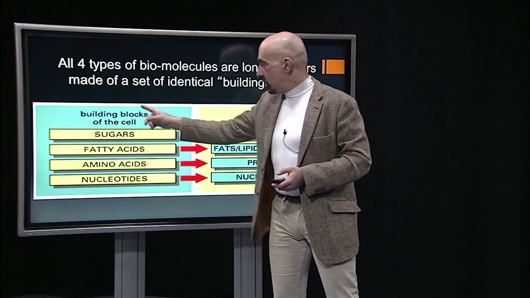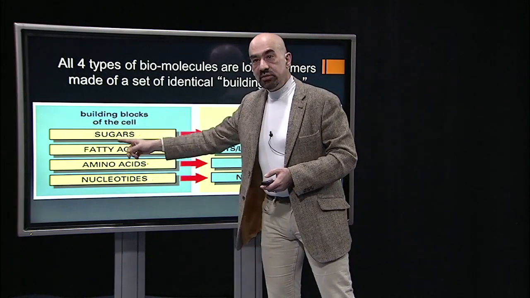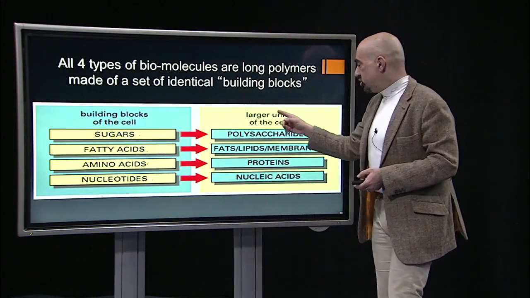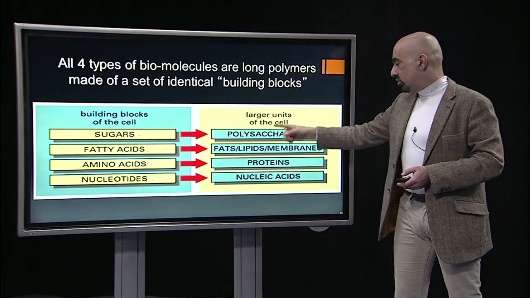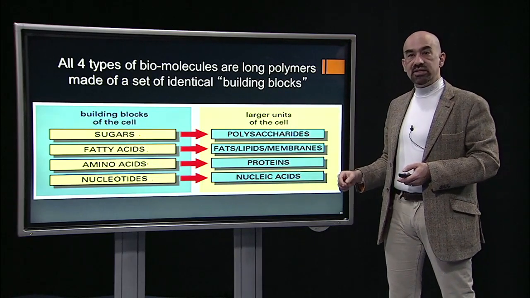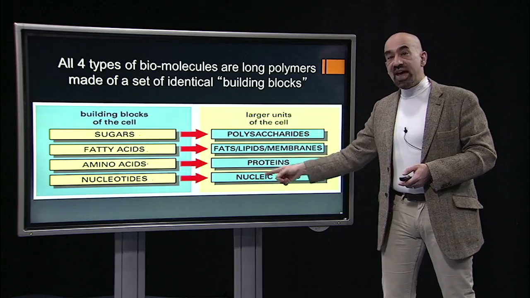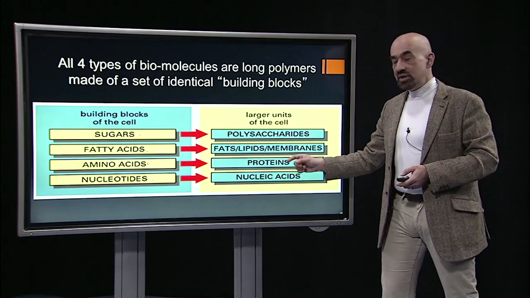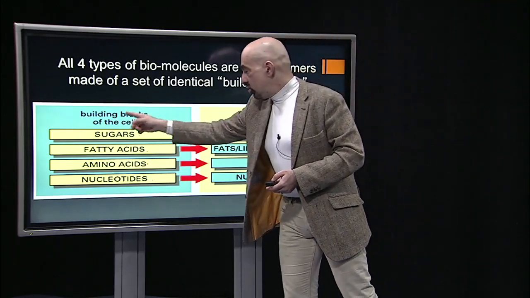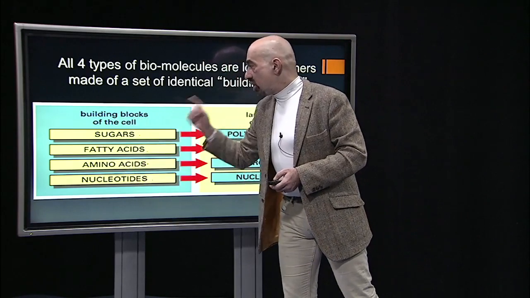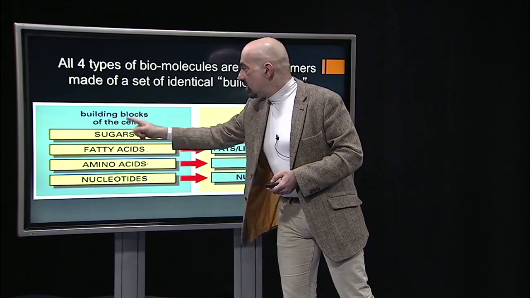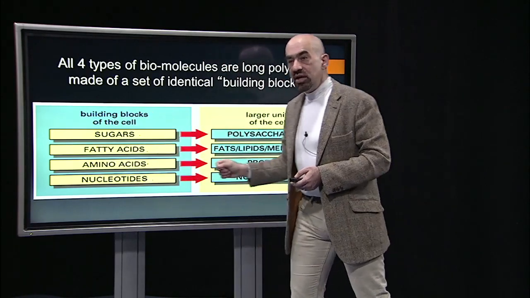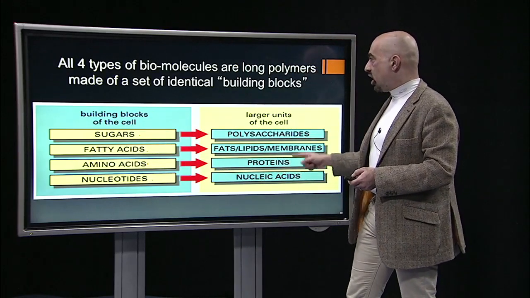These larger units of the cell, things like proteins and nucleic acids, are going to be made up of thousands of atoms. And what we'll see when we look at our biology really consists of taking simple building blocks and using them to make more complex structures.